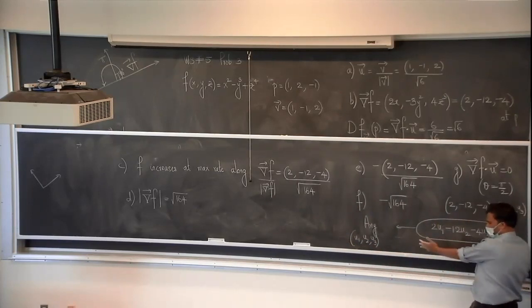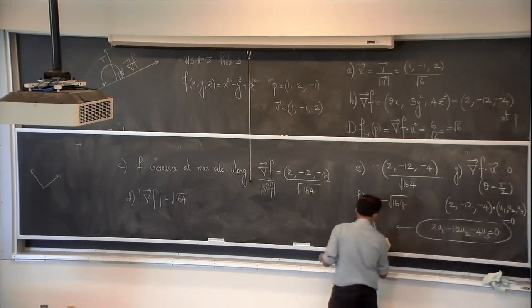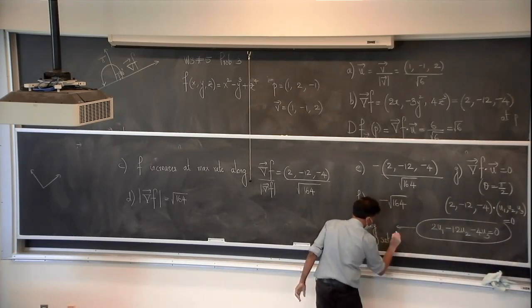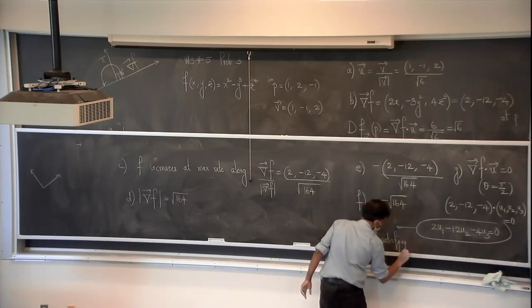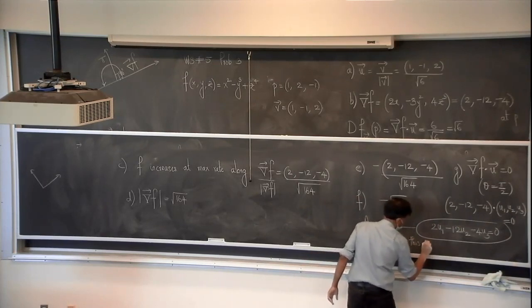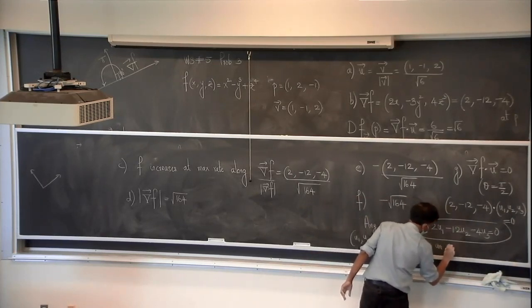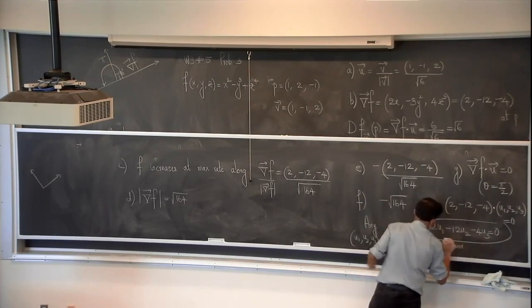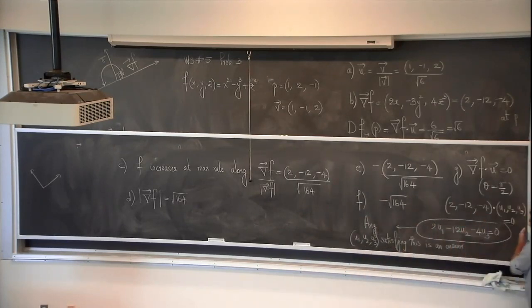This is an ordered triplet, u1, u2, u3, such that this equation is true, satisfying this. So you won't see a definite unique solution to this part, because there are so many of them.